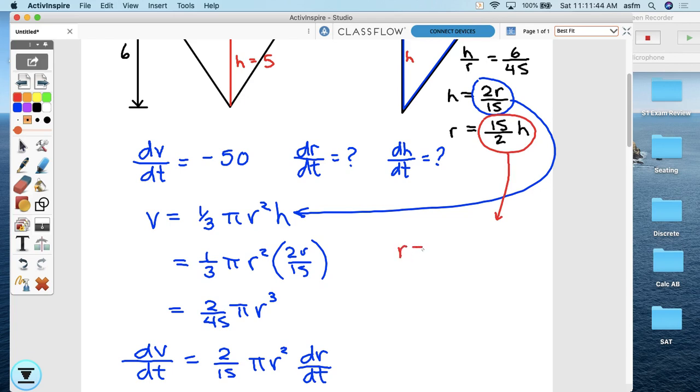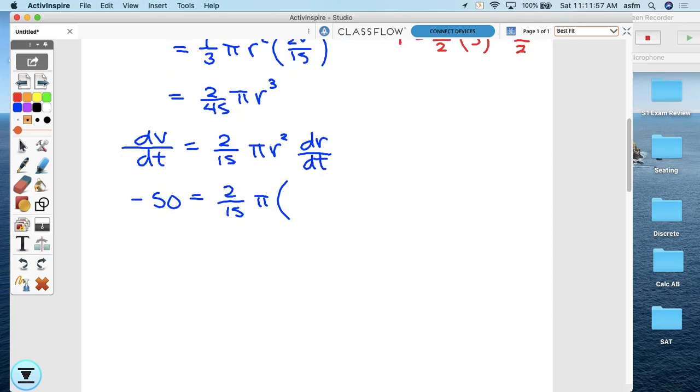So I'm going to say r, in this case, is 15 over 2 times 5, which is going to give me 75 over 2. Okay? So that can go in here. I now have 75 over 2 squared times dr/dt. I want to solve for dr/dt, so I'm just going to move this all over.